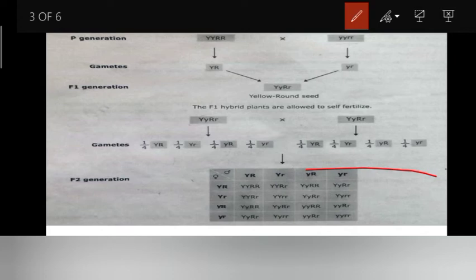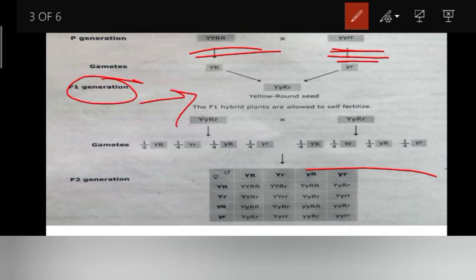So from the first, we will cross between a homozygous trait with another homozygous trait. Suppose crosses are made between a round yellow and green wrinkle, and the F1 hybrid gives yellow round seed, since yellow color is dominant over the green color and round shape is dominant over the wrinkled.